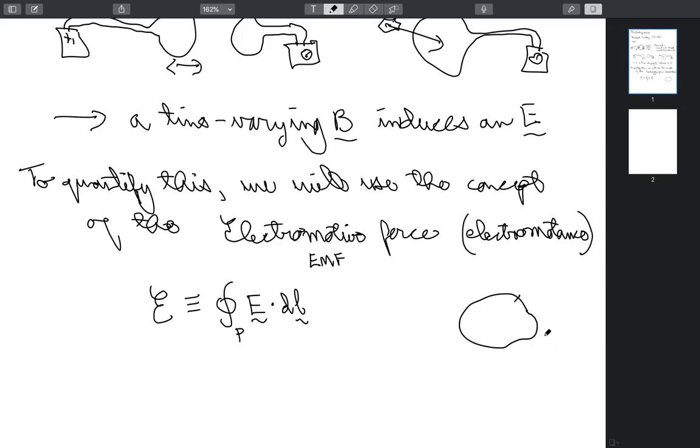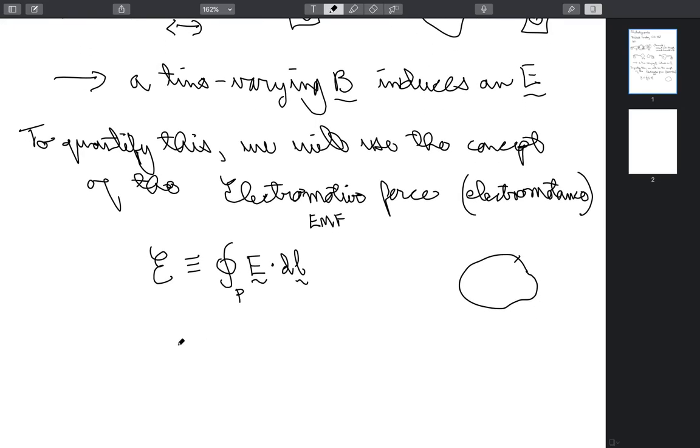Okay, so maybe a better analogy to first understand this is, imagine that you've got some water pipes. Okay, so I've got this, and imagine that it's a little tube that contains some incompressible fluid like water.